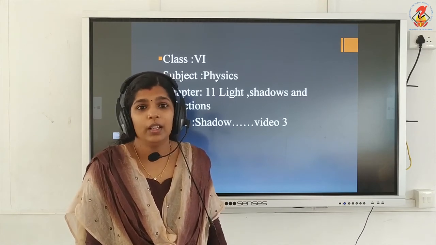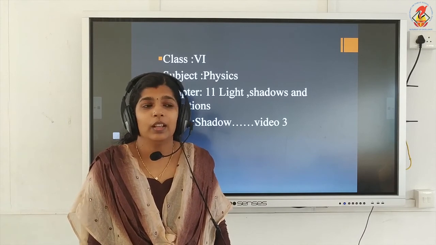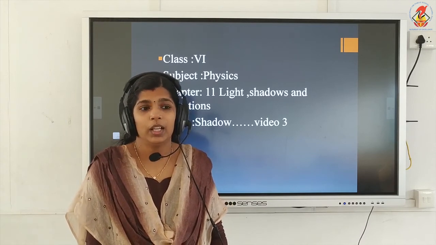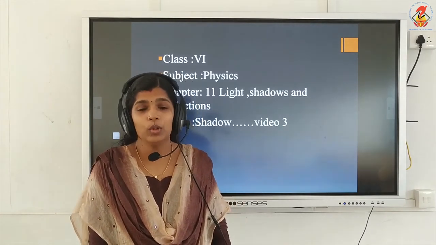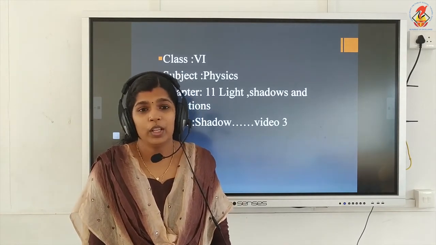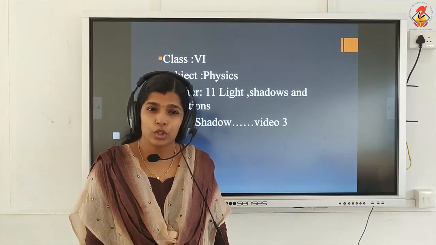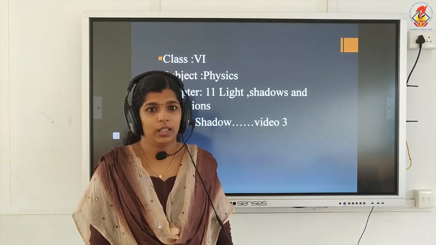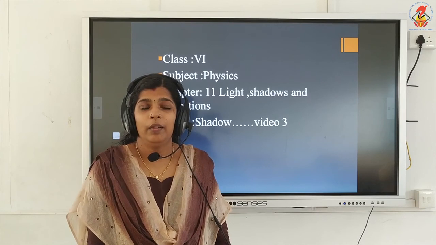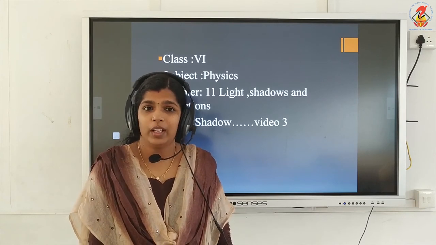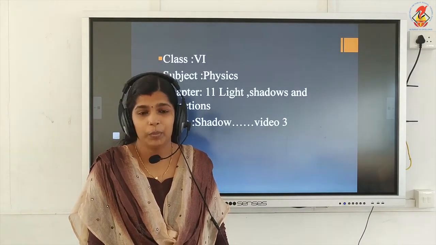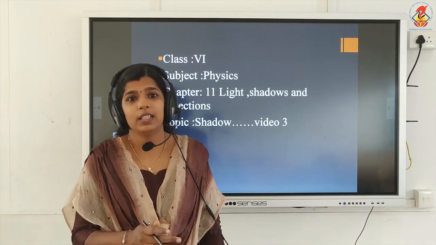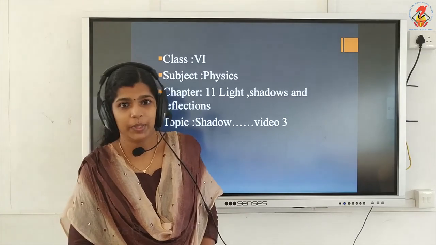In the morning and in the evening, the length of the shadow will be more. At noon, the shadow will be very small or short in size. Okay. Then when you cast a shadow, you will get a darker portion. The darker portion is known as the umbra and the lighter portion is the penumbra.